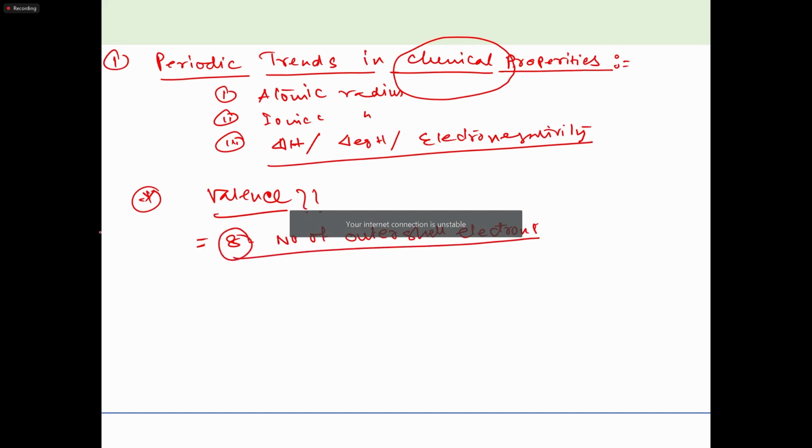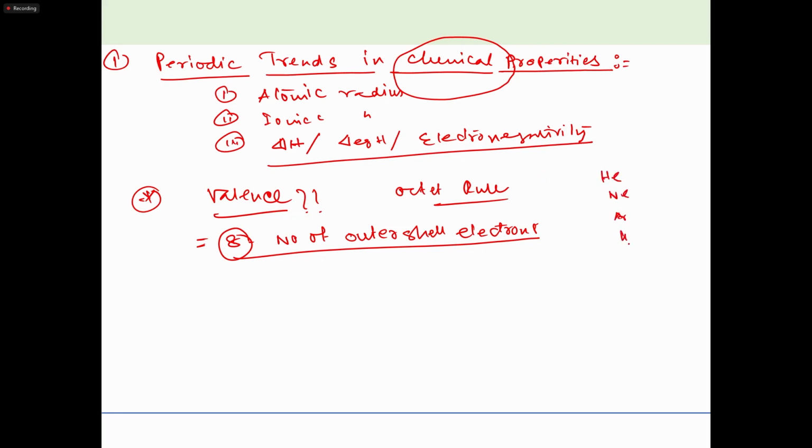Now, we know the octet rule, that any element becomes stabilized with it. Suppose I am talking about the noble gas, inert elements like helium, neon, argon, krypton. These are the stable gaseous elements, noble inert gas elements. Why are these stable?